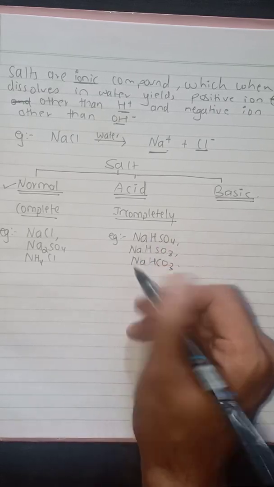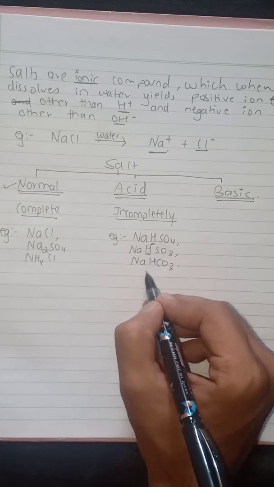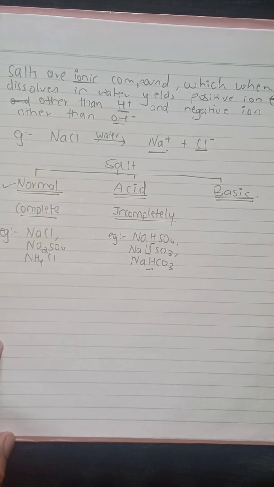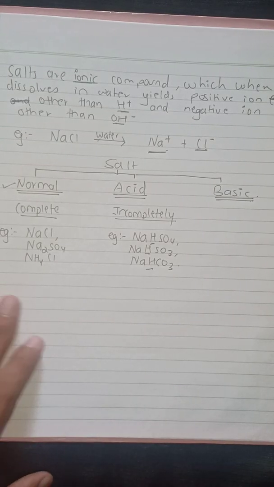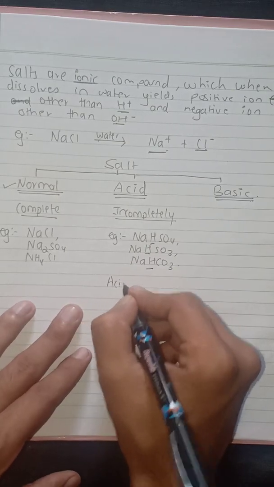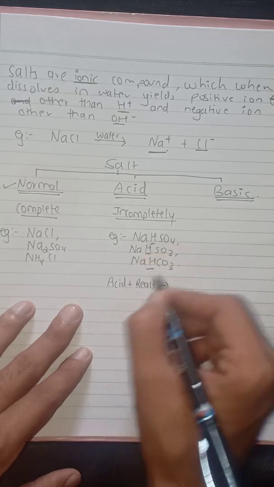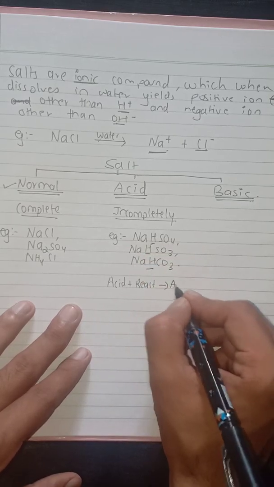See, in all three cases there is a presence of hydrogen. So this is nothing but the hydrogen atom. And how are these formed? When an acid reacts with a salt. So incomplete replacement helps to form the acid salt.